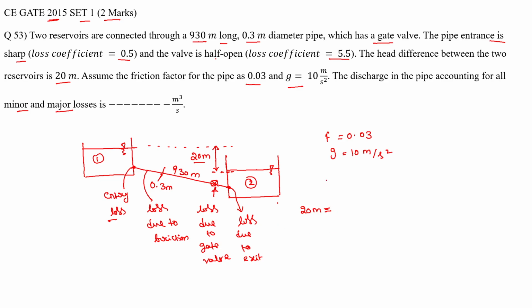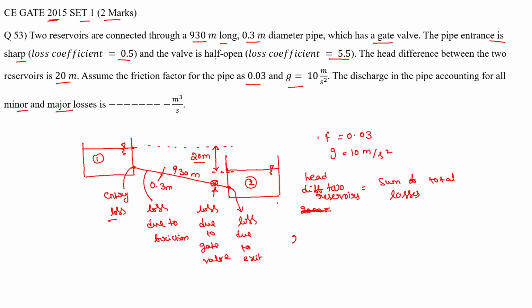So the head difference between the two reservoirs is equal to the sum of total losses. If there is no loss, then the total head in reservoir 1 and reservoir 2 will be the same, assuming they are located at the same height.